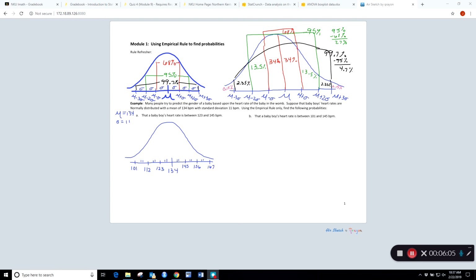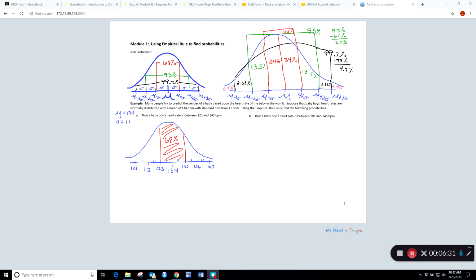Now this one I'm being asked to find between 123 and 145. If I look at that, I am 1 standard deviation in either direction of the mean, so that automatically matches what I know from my empirical rule, and I know that's already going to be 68% between those two values.